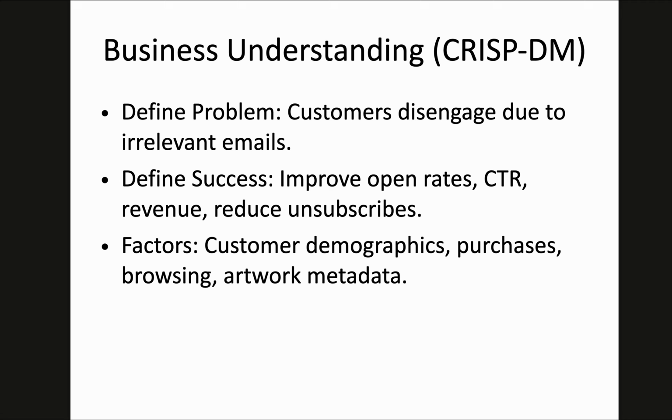Speaking of art itself, there will be artwork metadata that will include the artist, genre, price range, possibly a color palette. And then contextual data, which reflects seasonality, campaign timing, when specifically we're sending it, what day of the week, what time of the day, and of course the availability of the art piece, whether it's still in stock or has been sold.